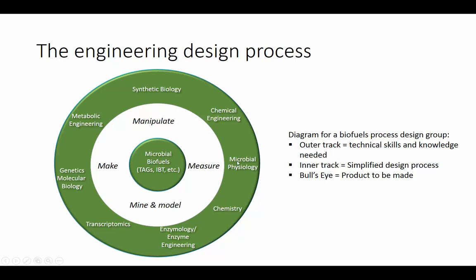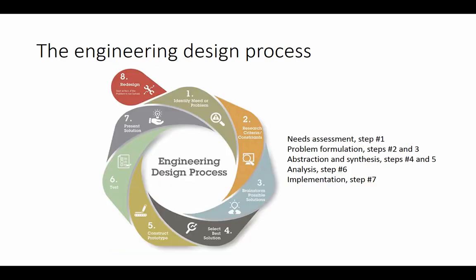Now, this chart is fairly simple and maybe doesn't cover every step of the way needed for true engineering design. So more complex, and if you look on the internet, you can find tons of these charts. More complex design process diagrams might be needed to really illustrate what's going on here.